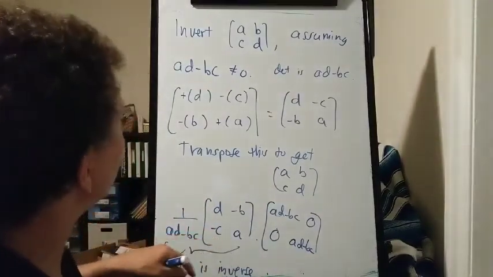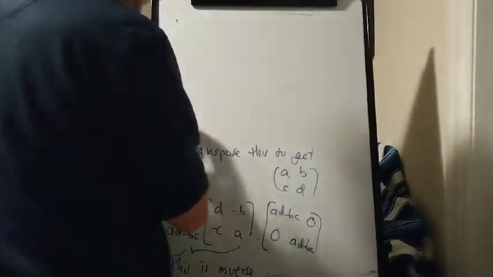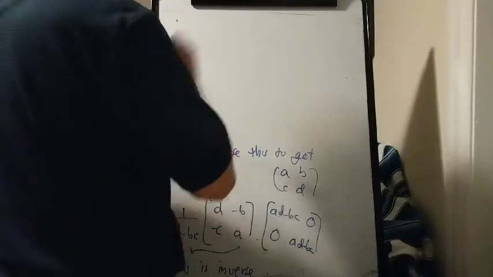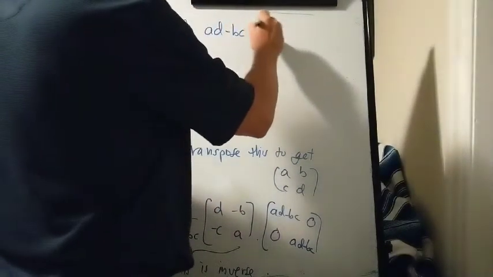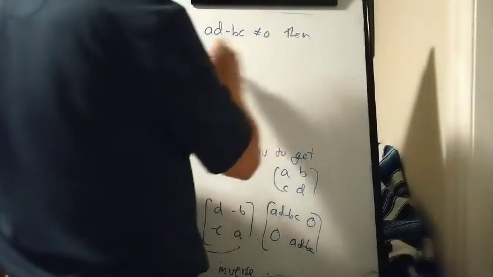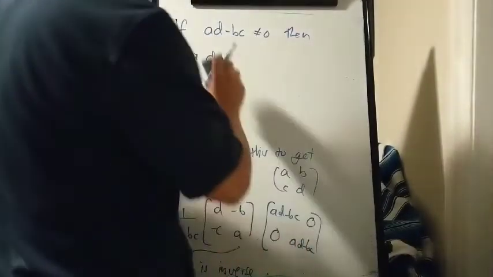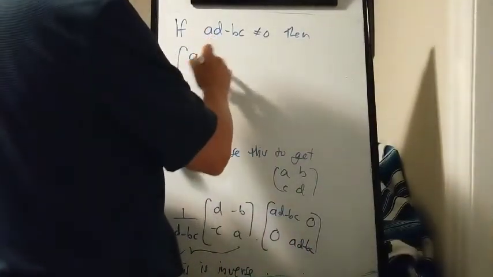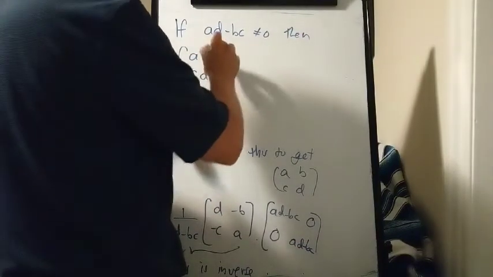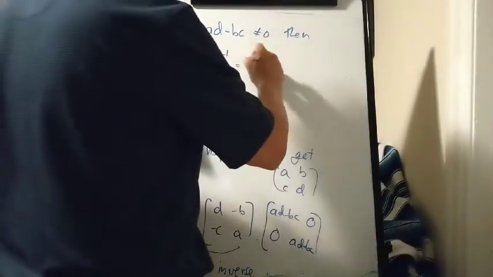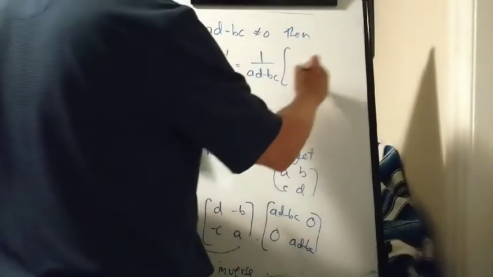So let's look at this matrix we get. We just decided that if AD minus BC is not equal to 0, then the inverse of this 2 by 2 matrix, whose entries are A, B, C, D, is given by 1 over AD minus BC.